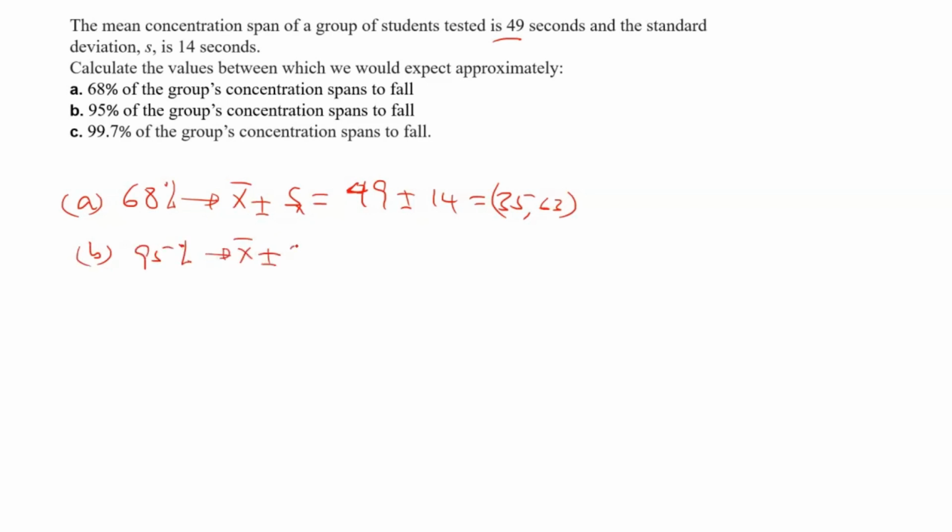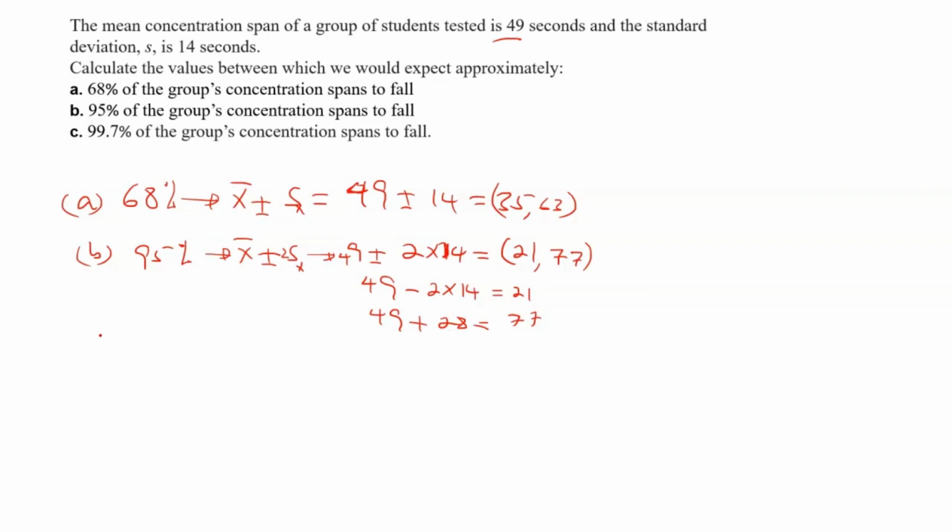And the 95: x bar plus or minus 2 standard deviations, so that's 49 plus or minus 2 times 14, which is 28. So 49 minus 28 gives me 21, and 49 plus 28 is 77.